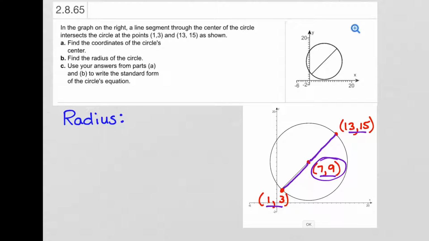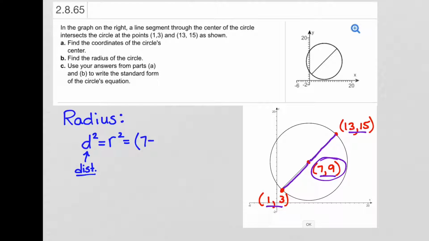Okay, so we've got the radius of the circle is what we're looking for, and the distance squared, which is the radius squared. So this is distance, not diameter. Right? So we're using the distance formula, and this is giving us the square of the radius because we're going from the center to the edge. All right, so my center is at 7, 9.